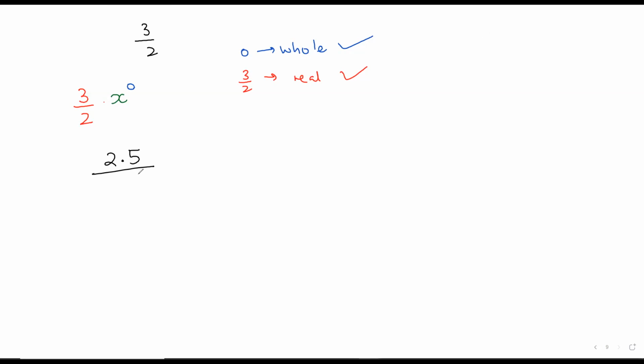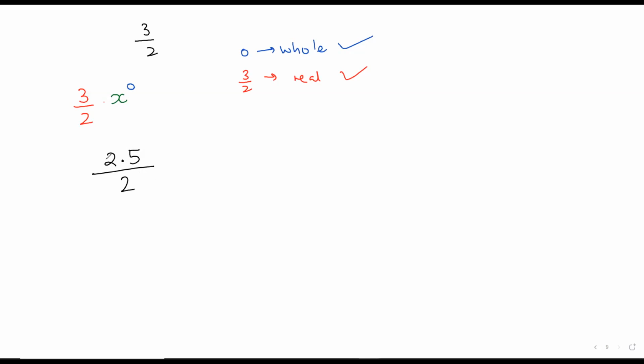Can you give me an example? Ma'am, like as you written on the screen, it's 2.5 upon 3, like that. 2.5 upon 2. Okay, sorry. So 2.5 divided by 2.